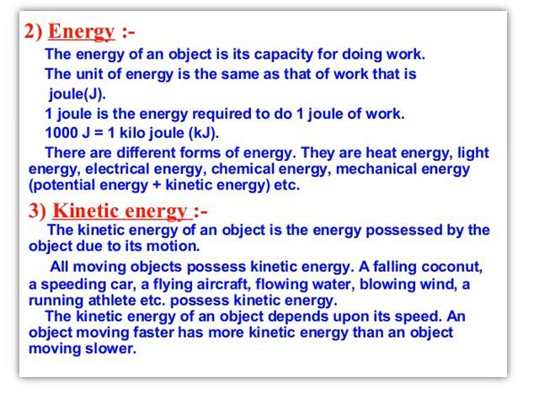When the object is in motion or when the object is moving, we call the energy possessed by it kinetic energy. Previously in potential energy we have seen due to its position. Now here it is due to its motion. When the body is moving, then the energy possessed by that body is known as kinetic energy.